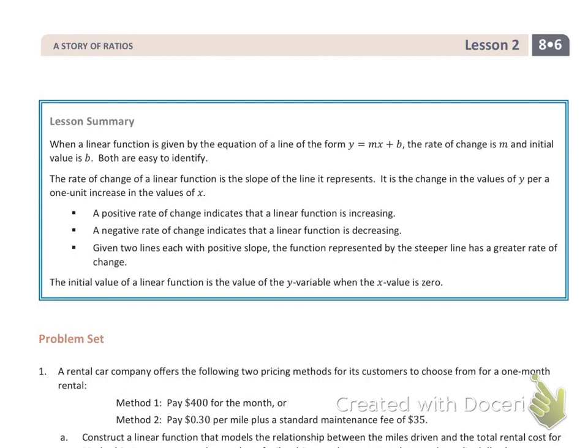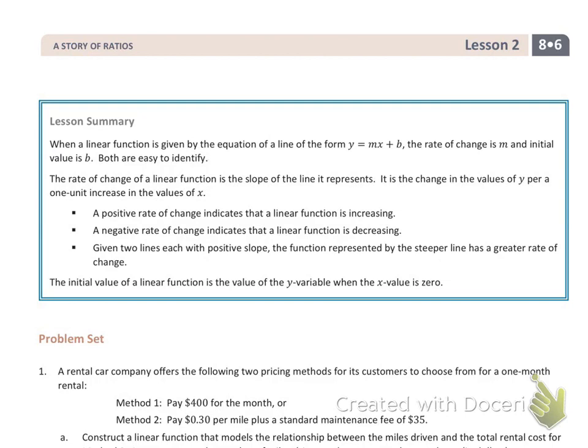So a positive rate of change indicates that the function is increasing. In other words, as x increases, y increases also. A negative rate of change indicates that a linear function is decreasing. So as x increases, y is decreasing.